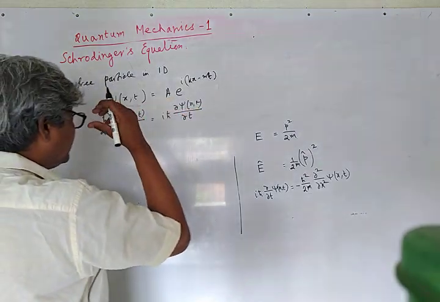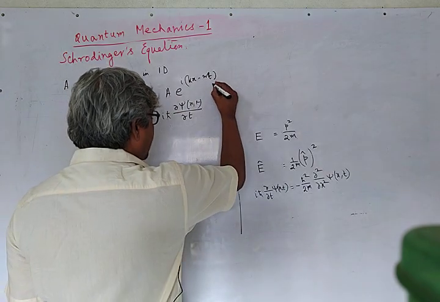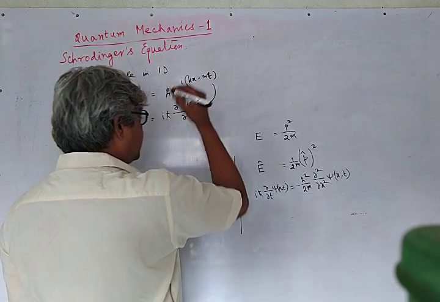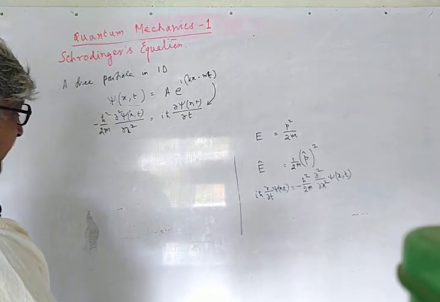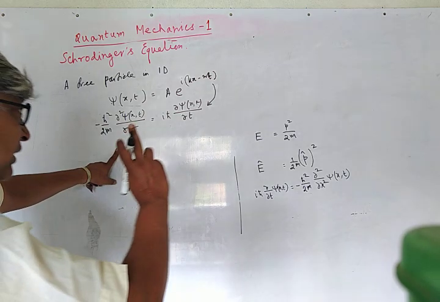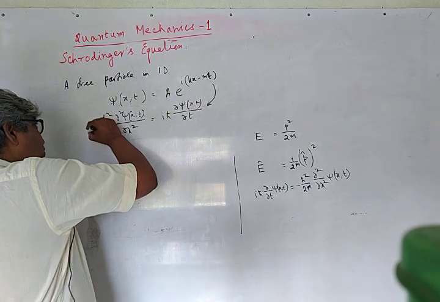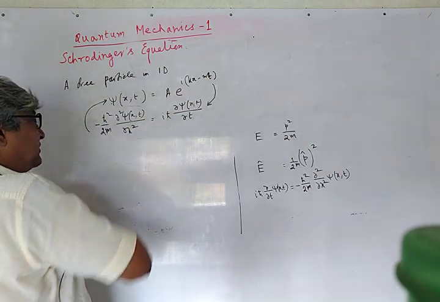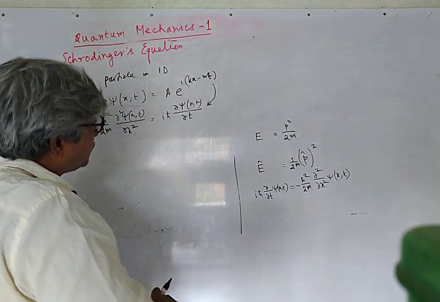Here, for a very trivial case, starting from a free particle and introducing the concepts of operators, we have arrived at this equation. If starting from this we could arrive at this, then the theory will be a consistent one.